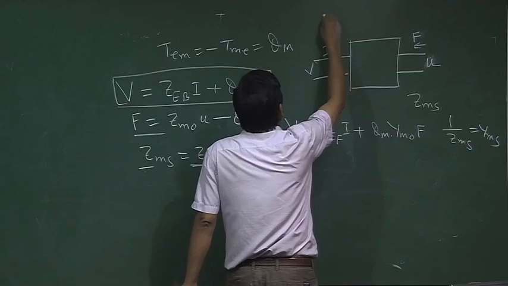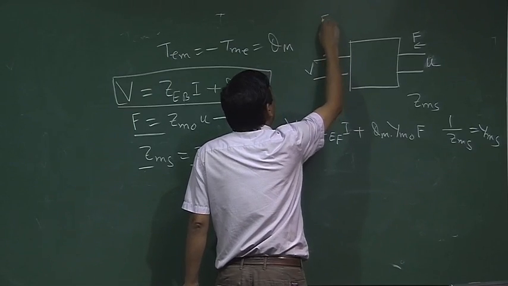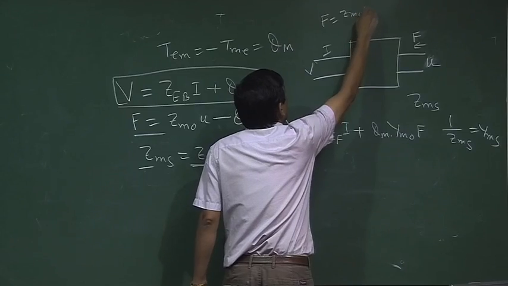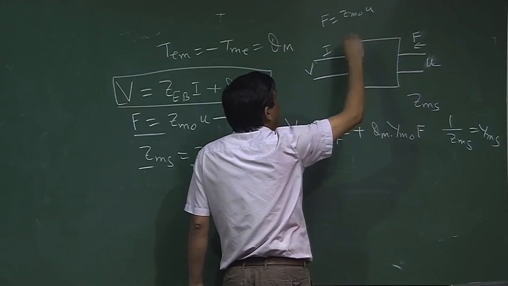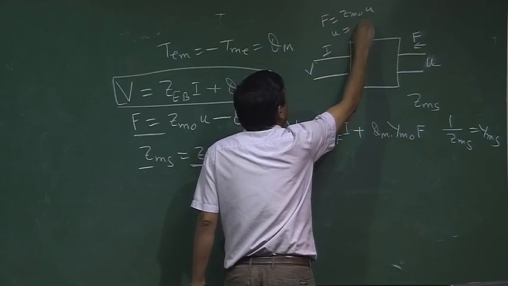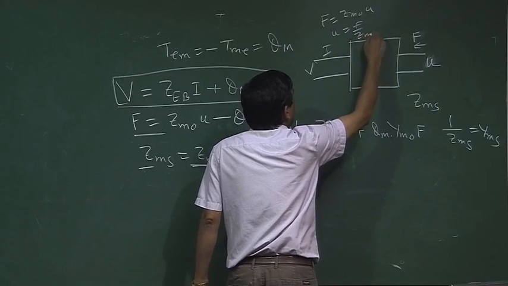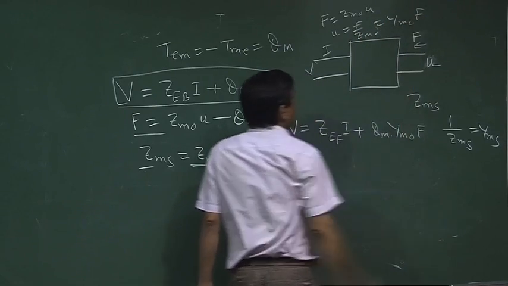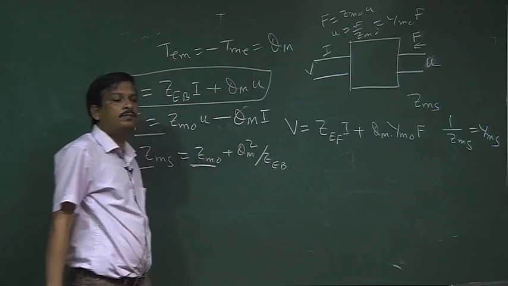Because F is changed, so F is equal to ZMO into U. I applied the mechanical duality, so U is nothing but F by ZMO. So, F by ZMO is nothing but YMO into F. So, YMO into F.